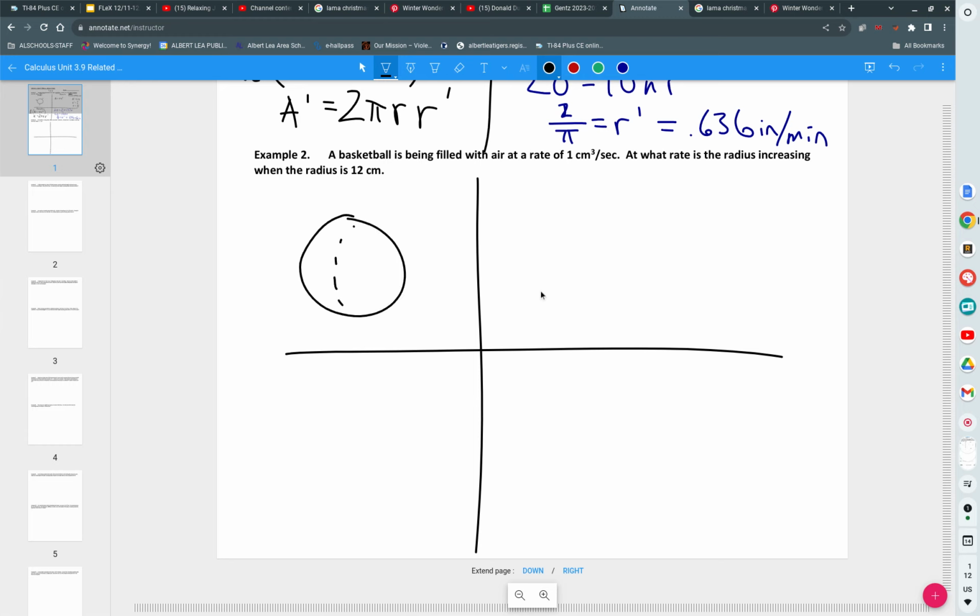I'll try to do my best impression of a three-dimensional object, which is very poor. It is expanding. It is getting larger. What formula should I write down? What is the volume of a sphere? 4/3 pi r cubed.